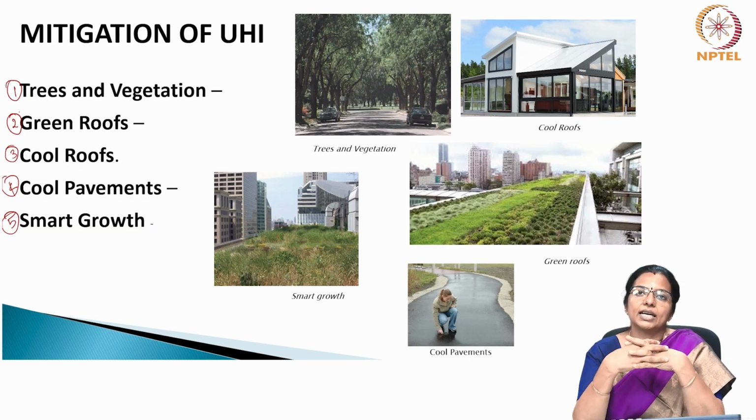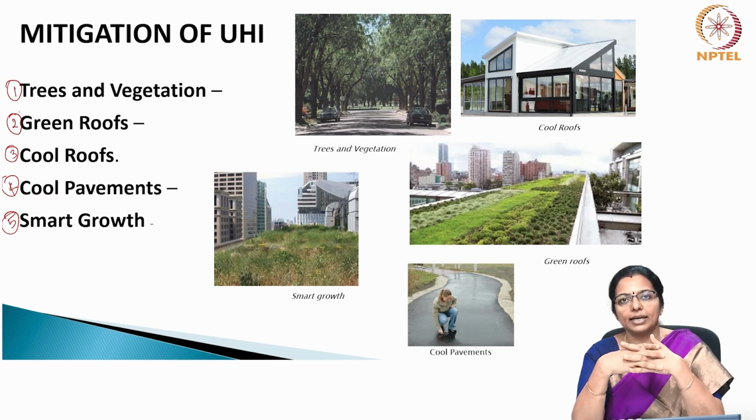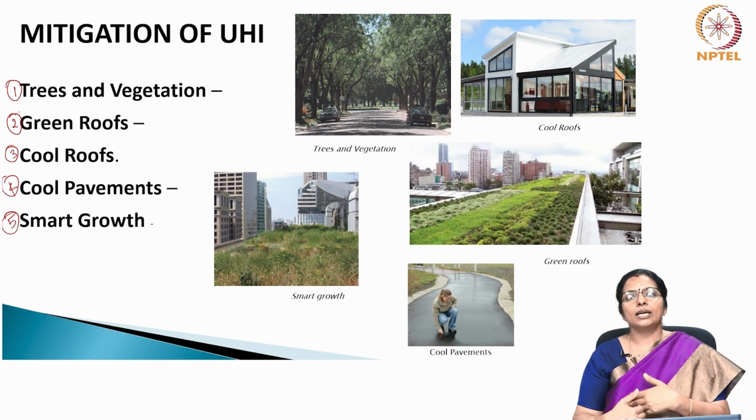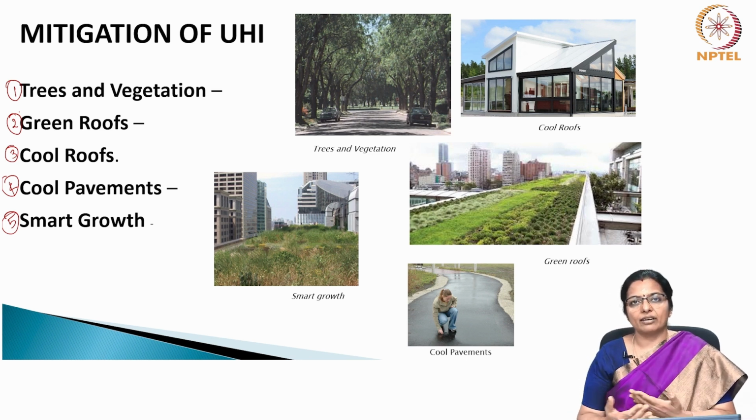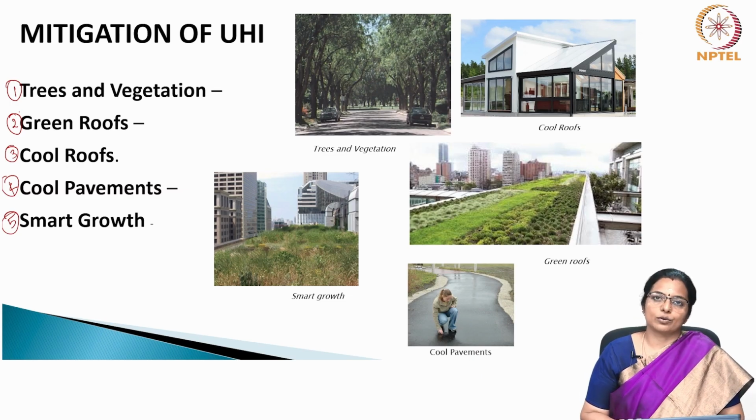So, urban heat island can definitely be reduced and its impact mitigated by adopting proper passive techniques in buildings, which will ensure that the reliance on active energy sources is reduced.